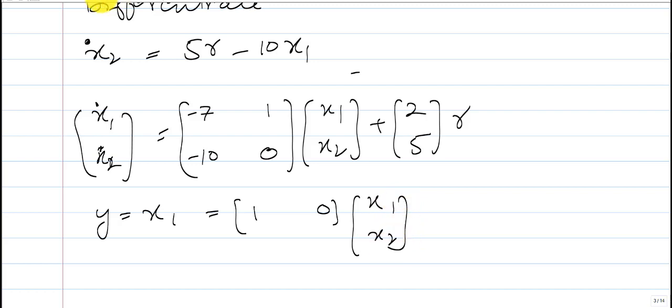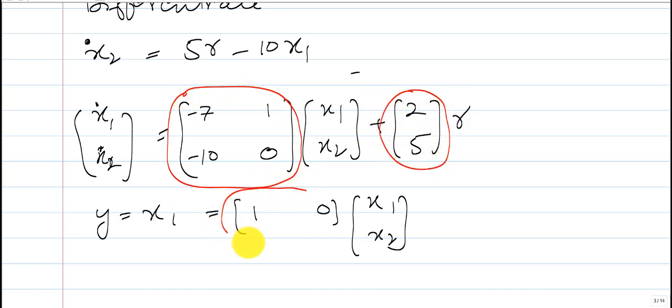Now this is the observable canonical form, and we see these matrices have a different form compared to the controllable canonical form. In the system matrix A, the first column contains the coefficients of the denominator polynomial of the transfer function with negative signs, and the other columns are either 0 or 1.